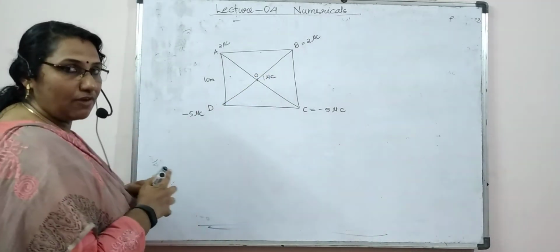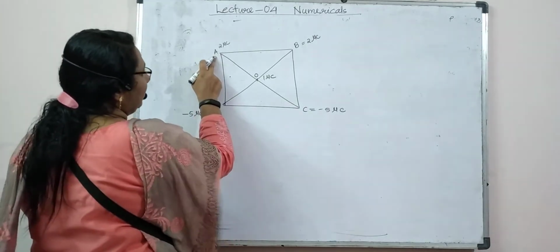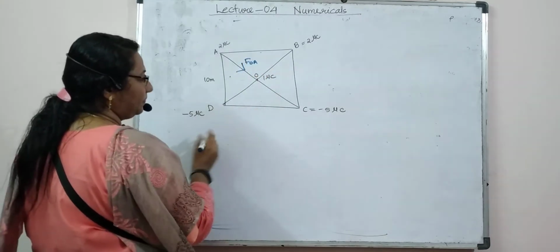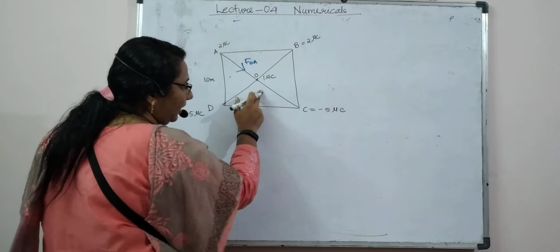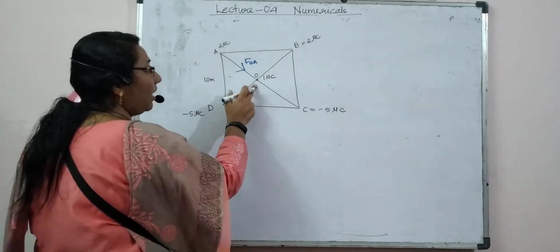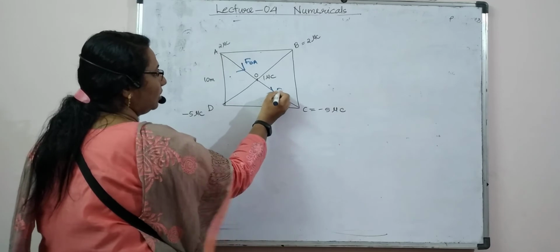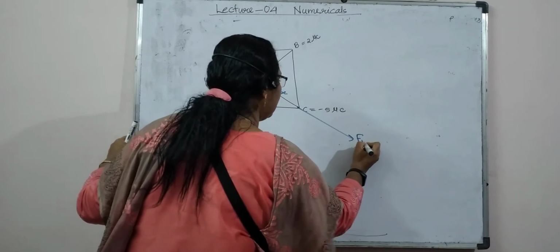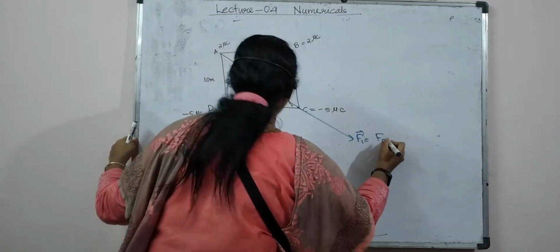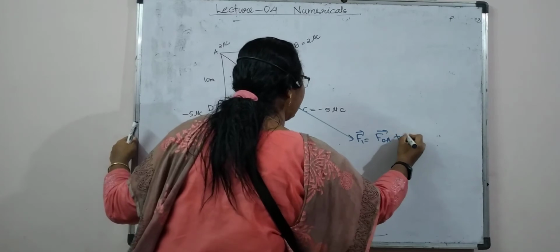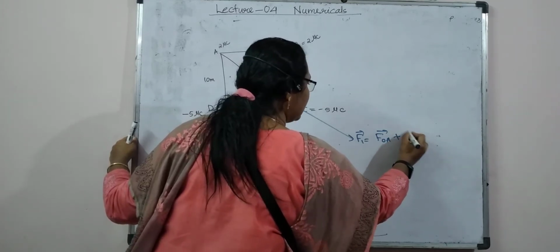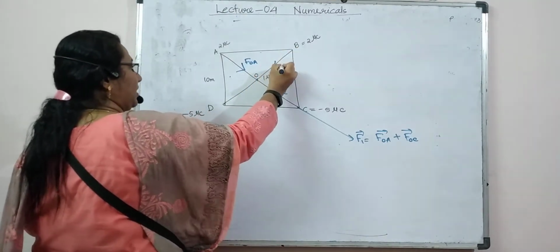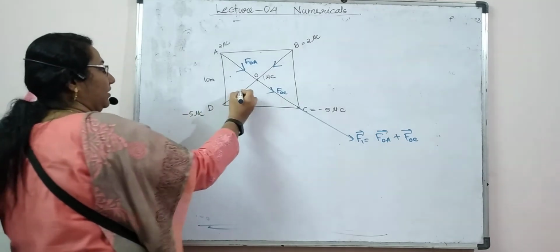What about the direction of force provided by 2? It repels. So this is the direction of force on O due to A. What about C? This is negative charge. It attracts 1 mu coulomb. So this is the direction of force on O due to C. So the resultant F1 is equal to force on O due to A plus force on O due to C. Similarly, 2 repels 1, minus 5 attracts 1.